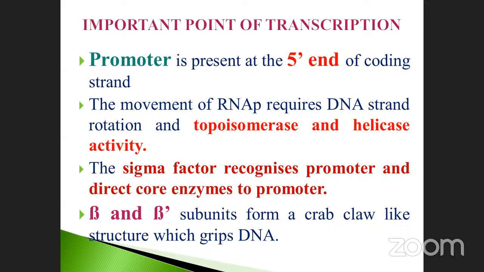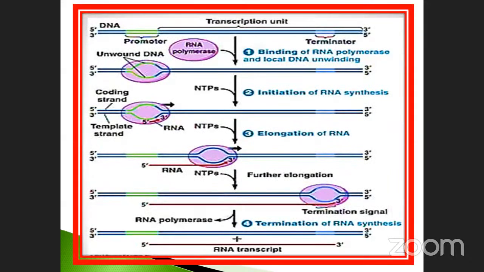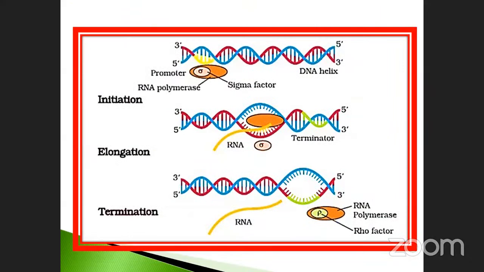The second one is that the movement of the RNA polymerase requires DNA strand rotation and topoisomerase and helicase activity. What is the meaning of that? When the RNA polymerase moves on to the strand from 5' to 3', the promoter region is present at the 5' region, isn't it?